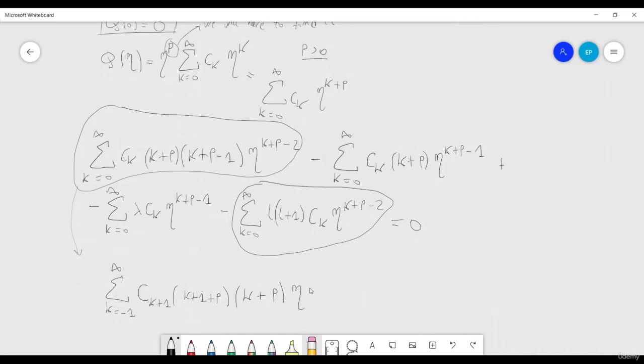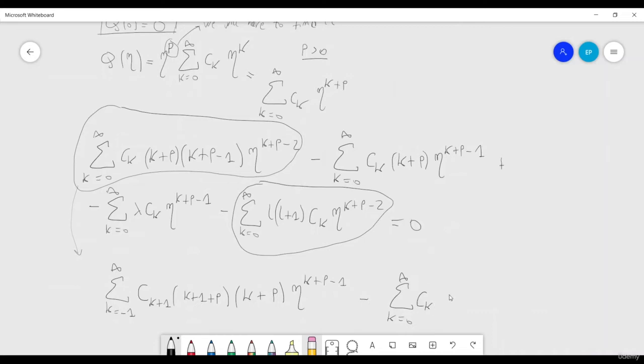And then I have eta to the power k plus p minus 1, and then I have minus sum from 0 to infinity. So this will remain the same. I will not change that.